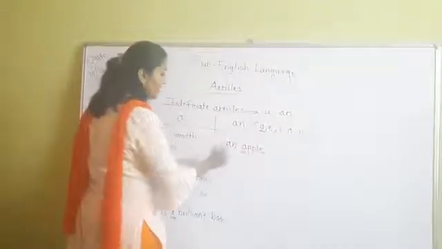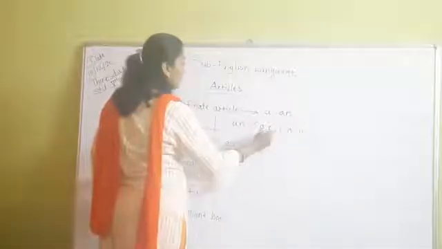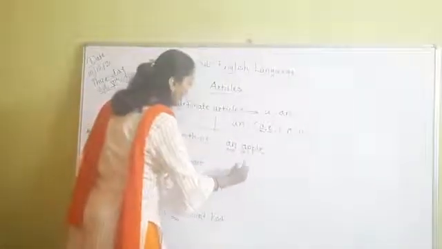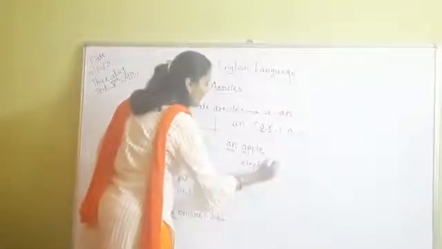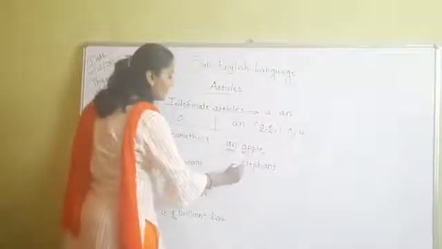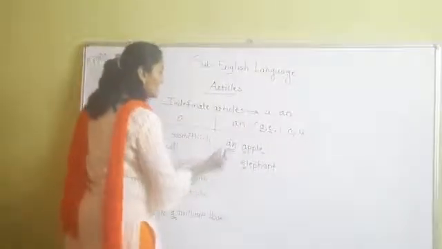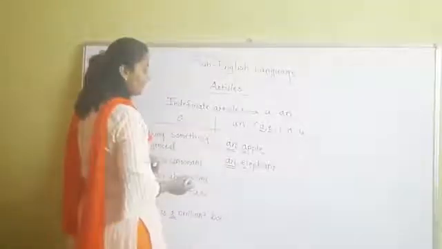word. Okay, an apple. Then second, the vowel is E. E for elephant. When we are writing the word elephant, this word starts with an E sound, okay? That is a vowel. So we have to write here an elephant.